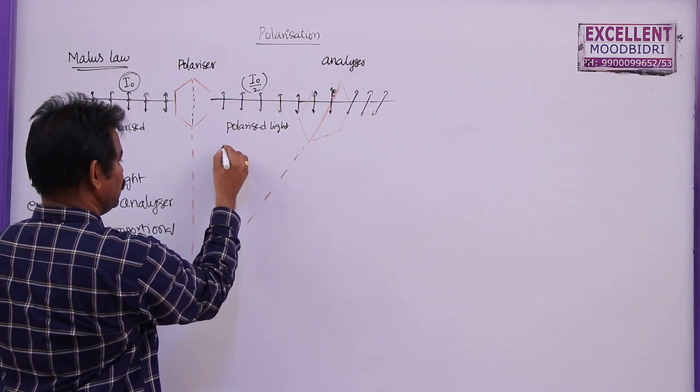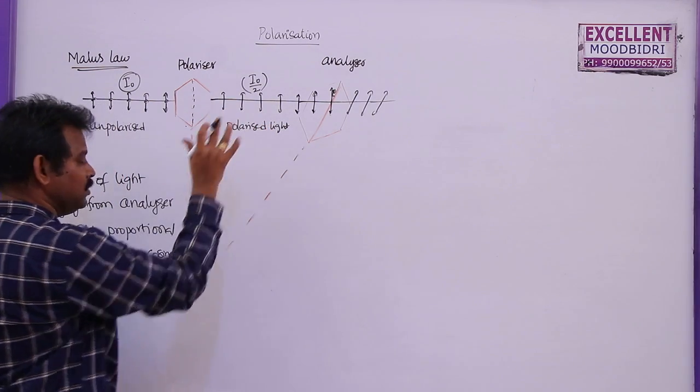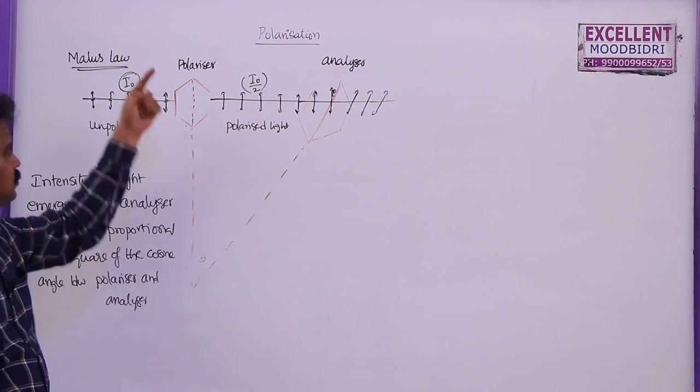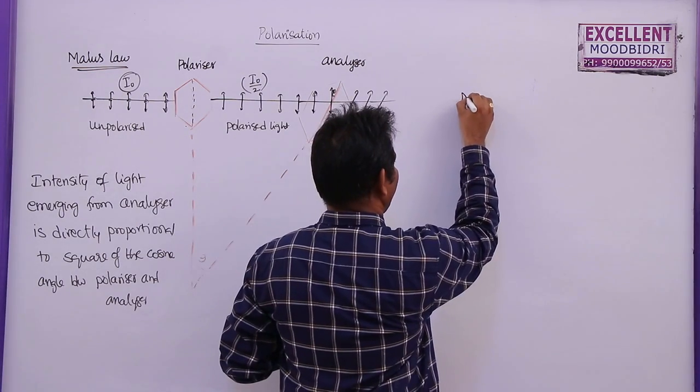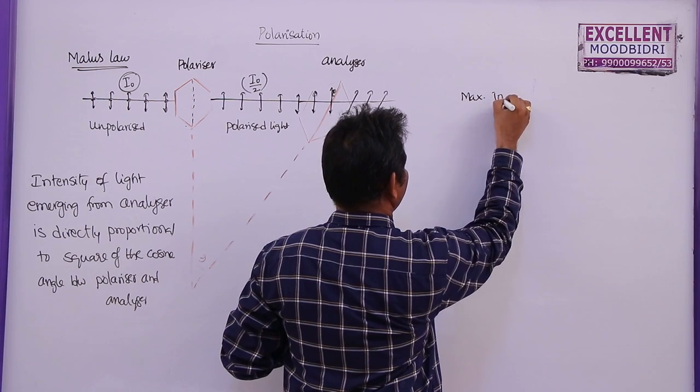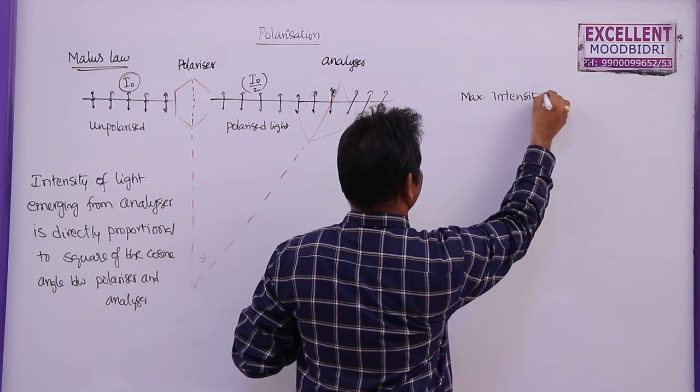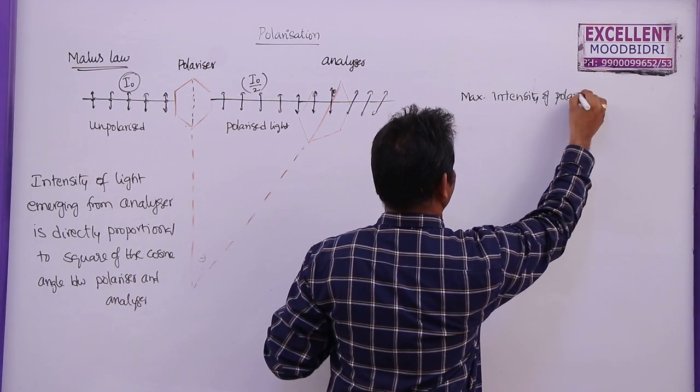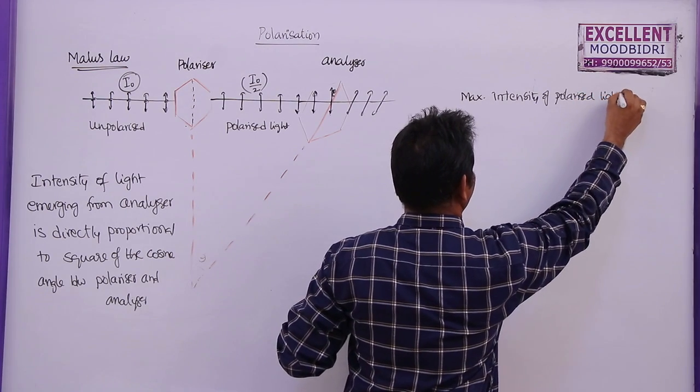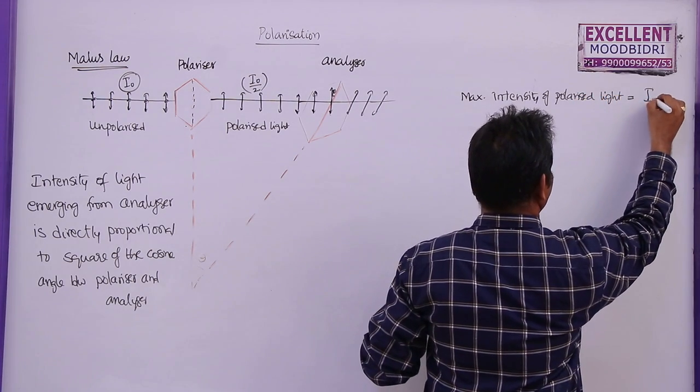So what is the maximum intensity of polarized light in this Malus law? We call it I max here.